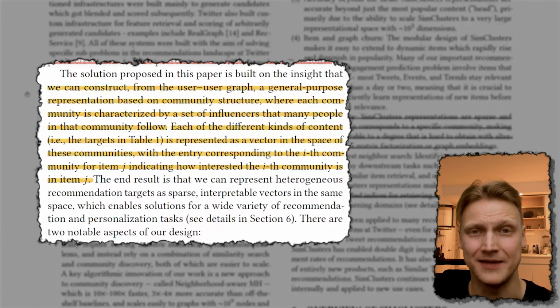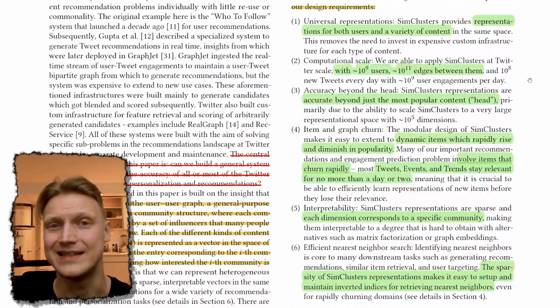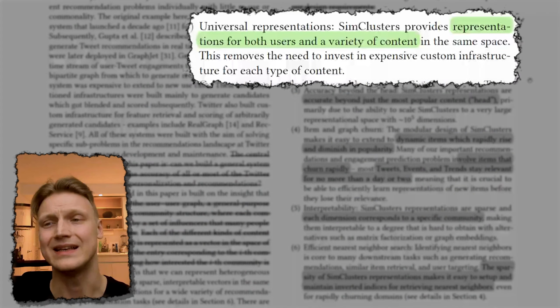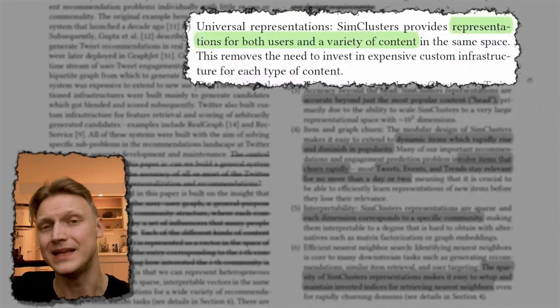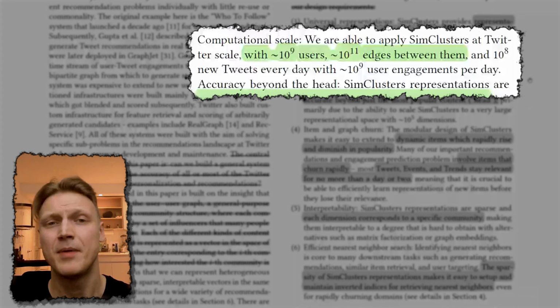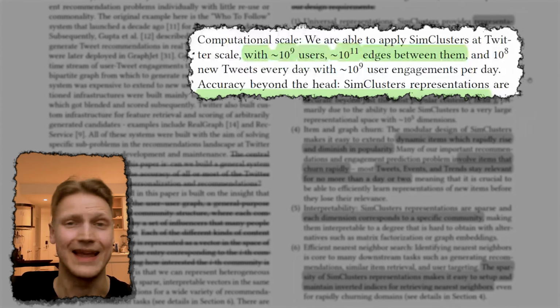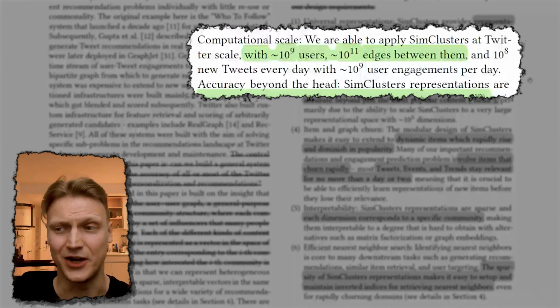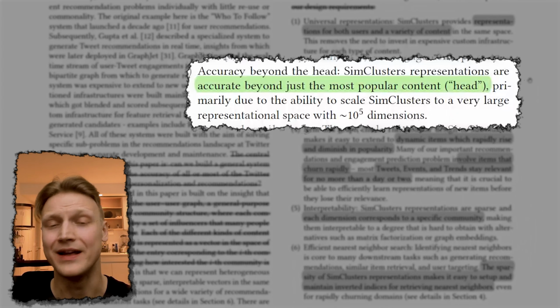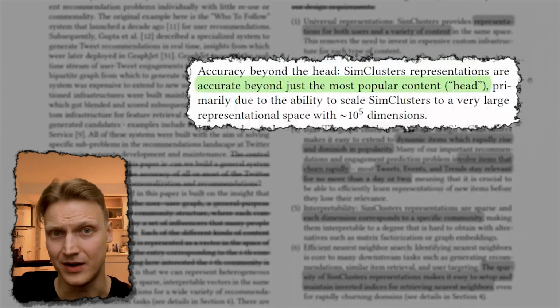Let me outline a couple of design requirements that will greatly characterize the existing system. Firstly, it's universal, and that means that it's representative of both users and different types of content. It's capable of handling high-scale systems such as Twitter. It's accurate enough and beyond just the most popular content.